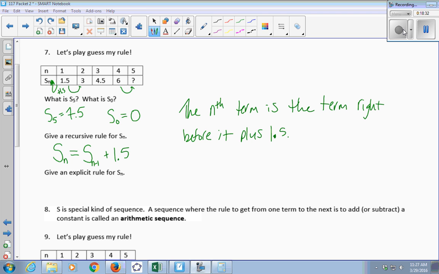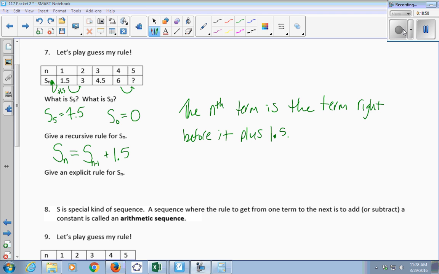And then once you have it written in English, you can translate it to this brand new notation that we're working with. The nth term, we just denote S sub n. The term right before that would be an S with an n minus 1 subscript, and then plus 1.5.